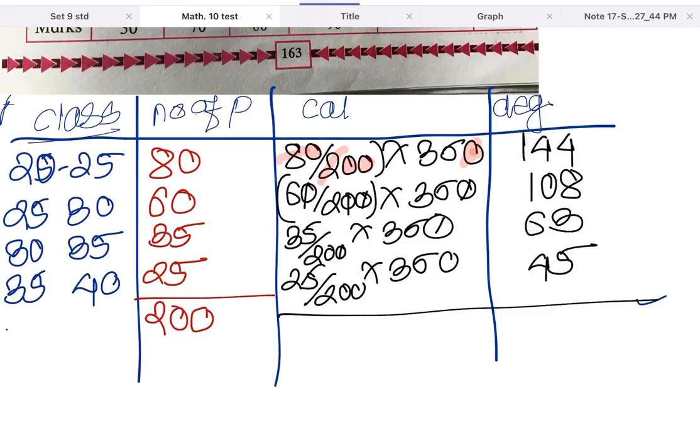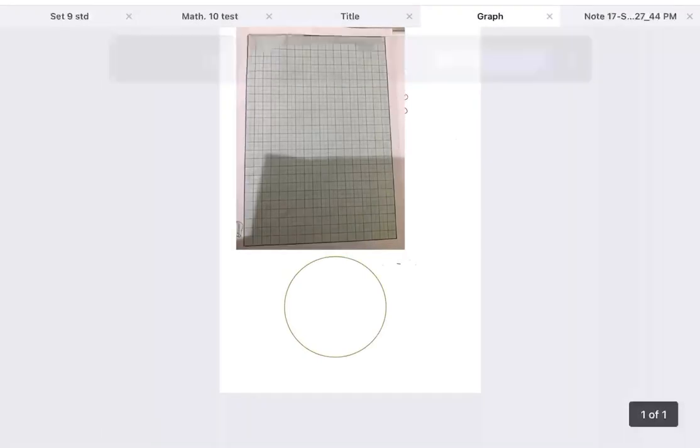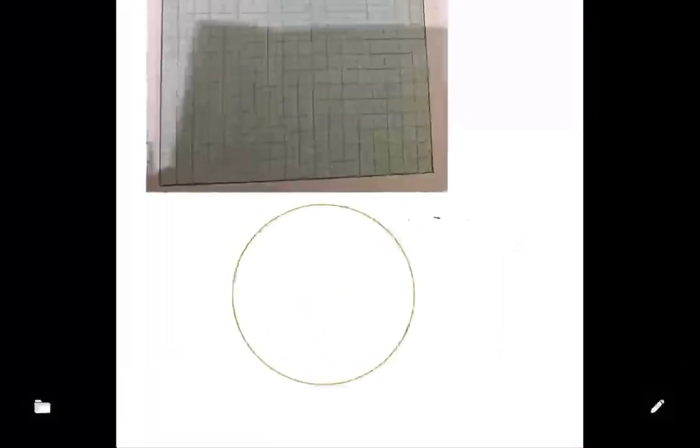Okay, let's move to the graph. What type of graph, the pie chart, that we have to show on graph paper? So let's assume this is your graph. This is a pie chart. Let's assume this is your center. Initially what we have to do is draw a straight line like this.